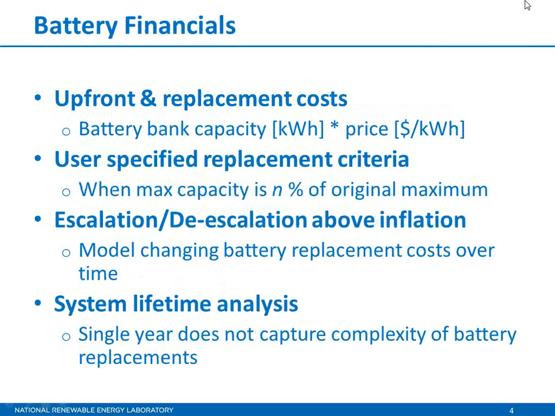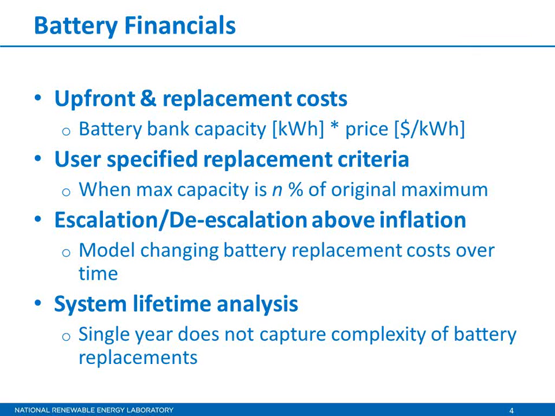The main financial inputs to this battery model are primarily the battery bank costs, so the cost per kilowatt hour, both for upfront and replacement costs. You can specify the replacement criteria. With batteries, as they cycle, the capacity degrades, and all of you that have cell phones see this: after a couple years, your cell phone won't hold a charge anymore, because it's cycled so many times and that capacity is degraded.